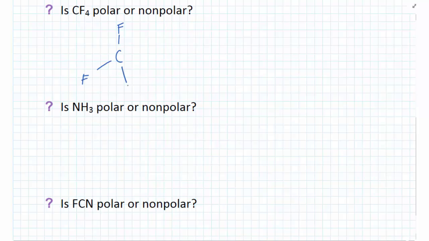CF4 is tetrahedral, right? The arrows point to the F's.